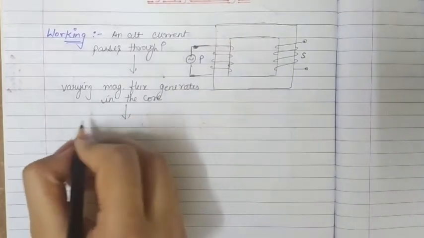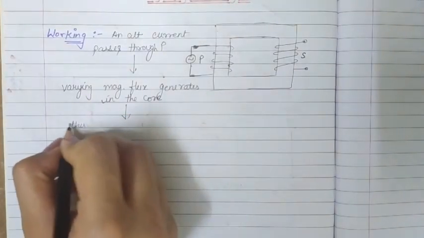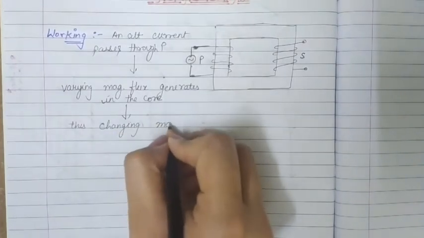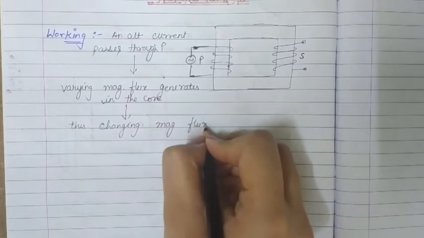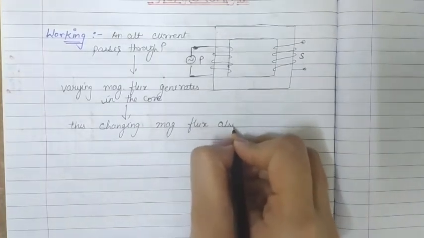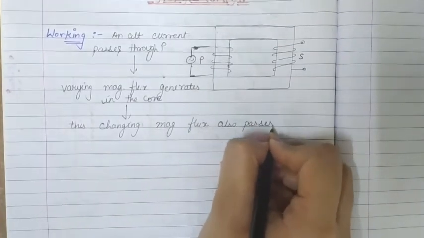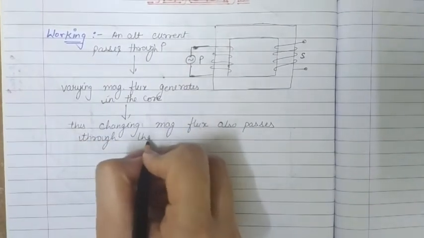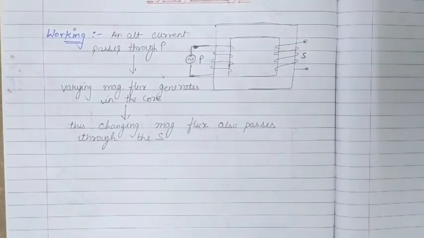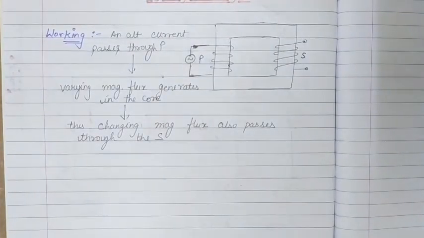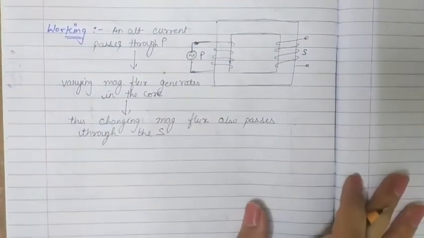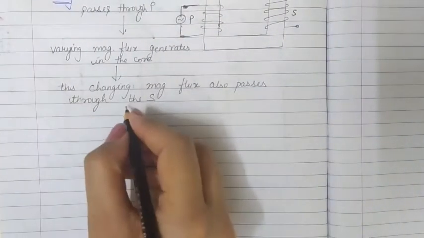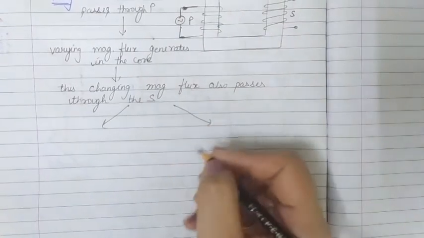coil. That means this changing magnetic flux also passes through the secondary coil. Since there is a changing magnetic flux in the primary coil and the secondary coil, there are two things that we get.